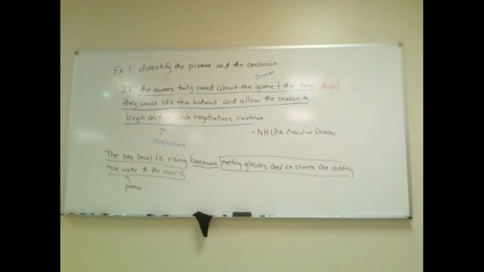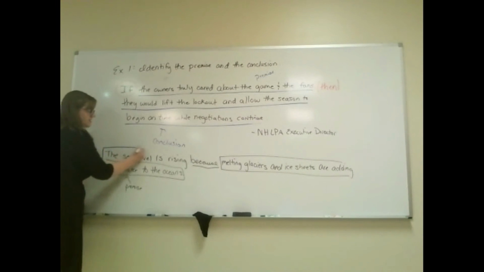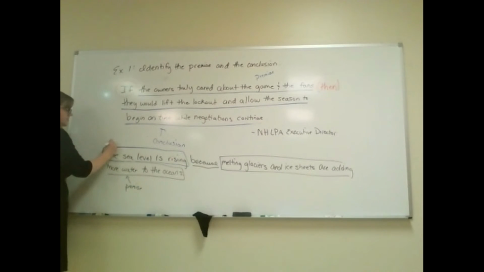So that means I know after the word "because," that's going to be my premise. And once you find your premise, everything else is just your conclusion. So that means if this is my premise, all of this, the sea level is rising, is my conclusion.